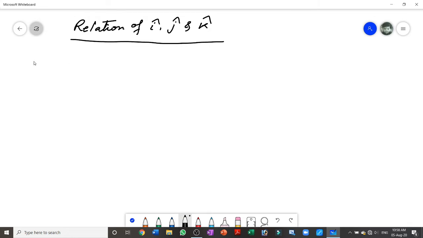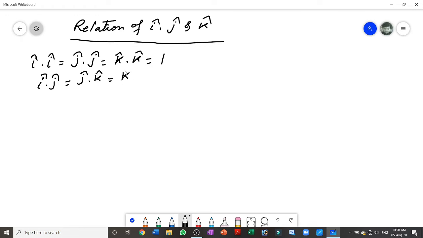Now i cap dot i cap equals to j cap dot j cap equals to k cap dot k cap equals to 1, and the rest combinations like i cap dot j cap equal to j cap dot k cap equal to k cap dot i cap equals to 0. All are 0. Why? Now let us check.